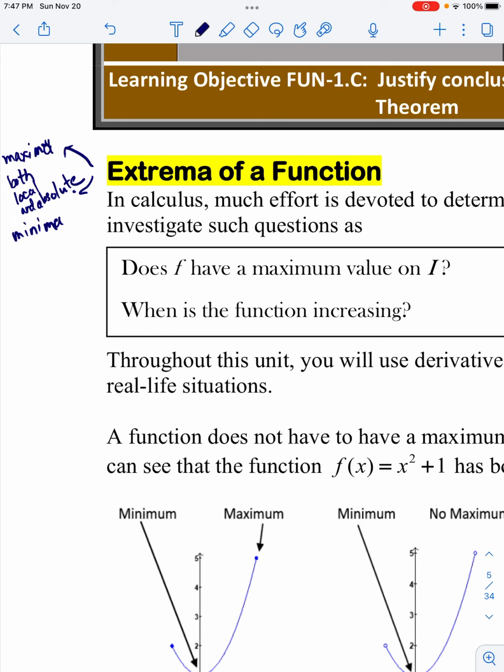Okay, so a local minimum would be any sort of valley, any trough or valley you see in a function.